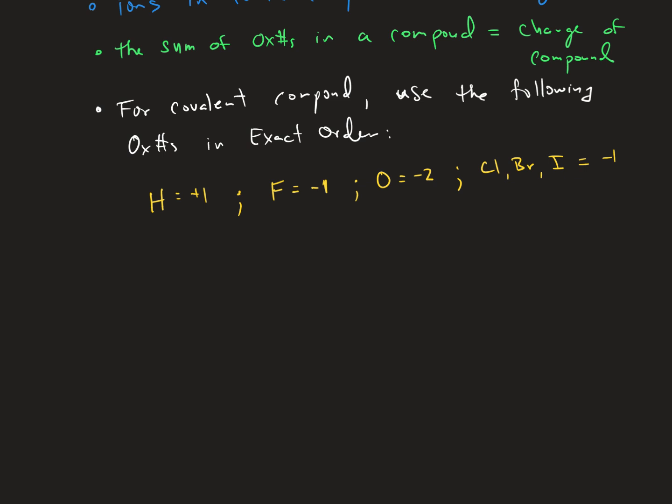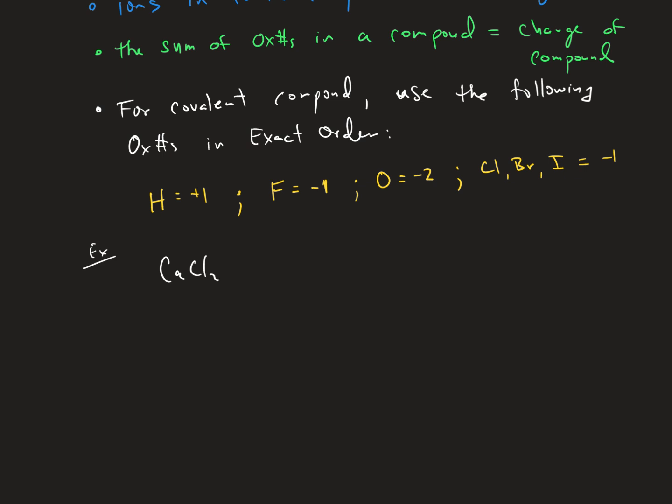Now for some examples of determining oxidation number. Let's start with a simple one. If we have calcium chloride, what kind of compound is this? This will be good for the exam we're taking this week, right? Ionic, okay. So we should know what the oxidation numbers are.